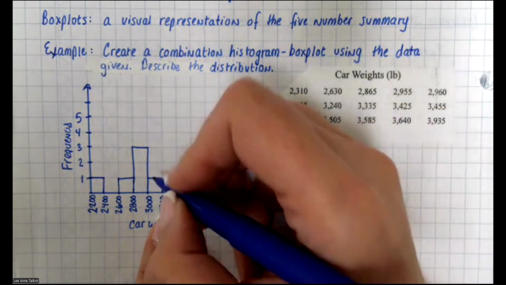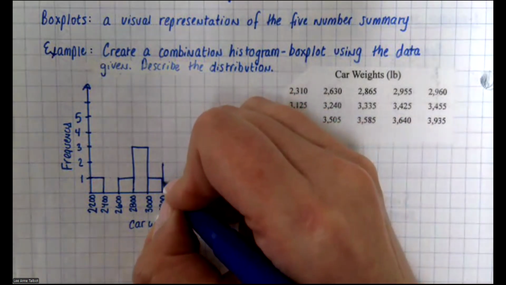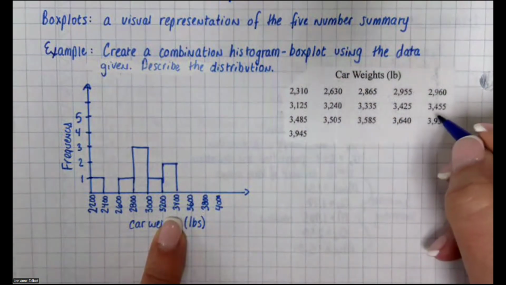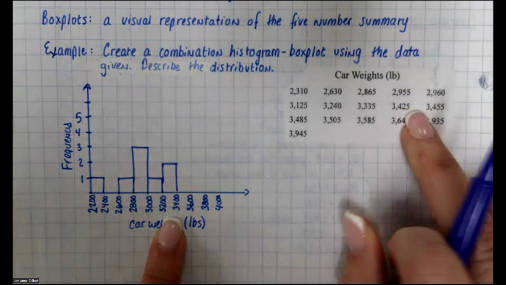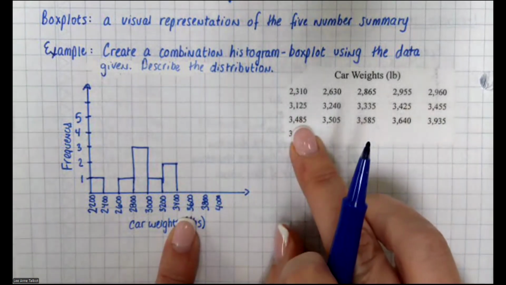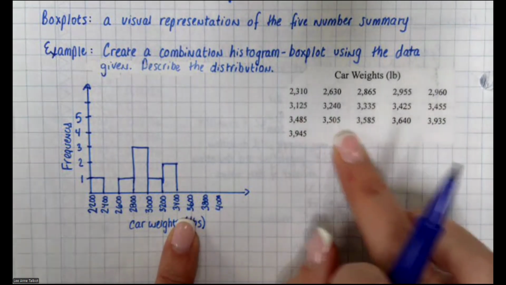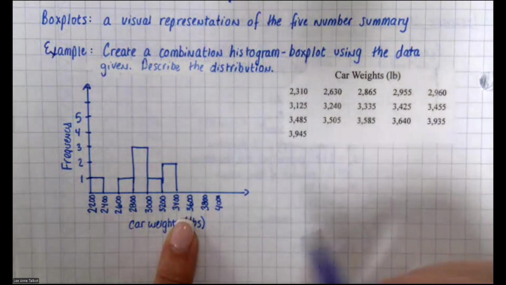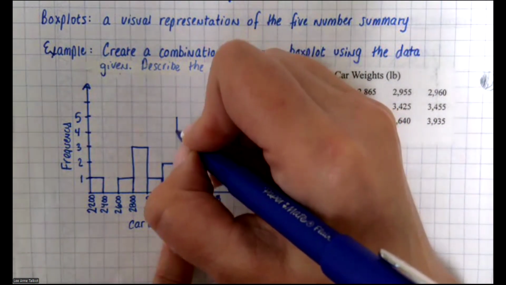I have two values between 3200 and 3400. I have one, two, three, four, five values in between 3400 and 3600.